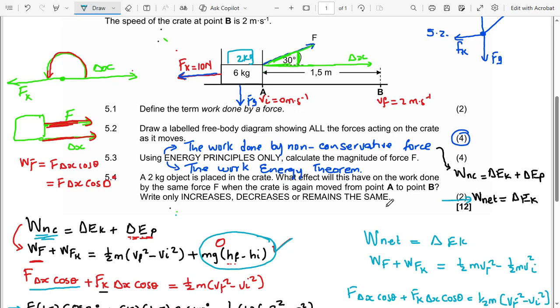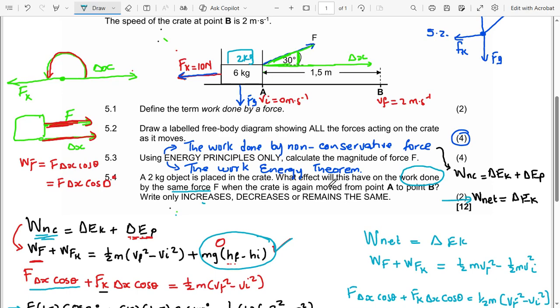We are adding a 2 kg block. We need to understand how this will affect the work done. They are not asking how this will affect the force, but the work done if we still use the same force. Will the work done increase, decrease, or remain the same?